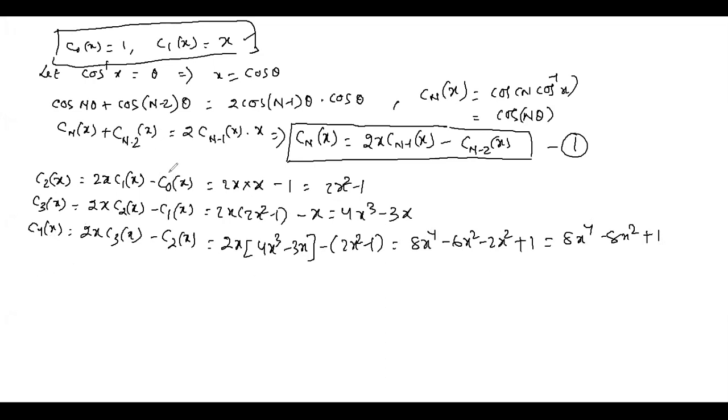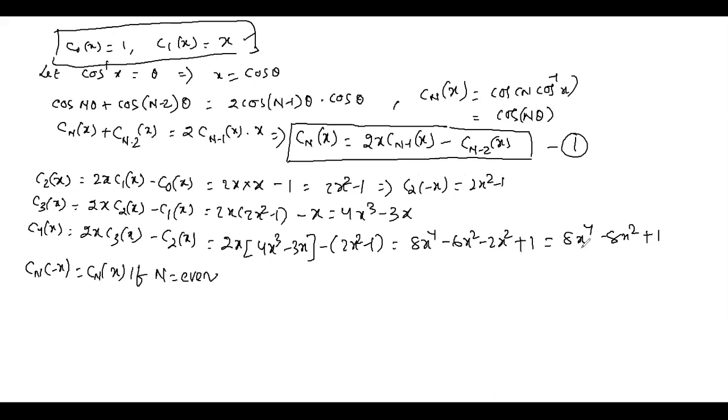Now, from this, I want to make some observations. If you see C0(x), C1(x), C2(x), C3(x), C4(x), you observe that Cn(−x) equals Cn(x) if n is even. Yes or not? See, C2(x) = 2x² − 1, so C2(−x) is the same, 2x² − 1 only.